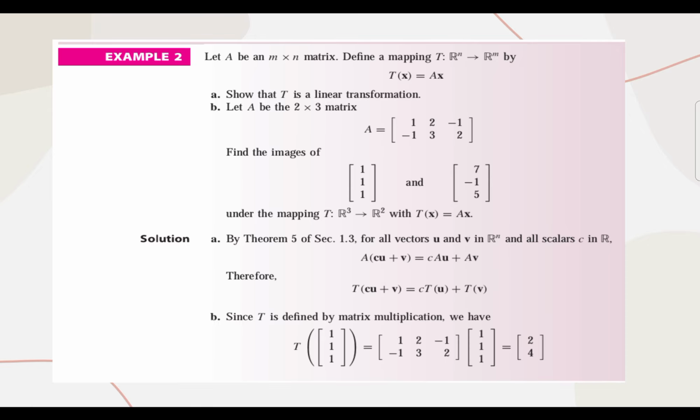So, we have T(1, 1, 1) = [1, 2, -1; -1, 3, 2] times (1, 1, 1). So, we have 1 times 1 plus 2 times 1 plus -1 times 1, then -1 times 1 plus 3 times 1 plus 2 times 1. So, that is why we get (2, 4).